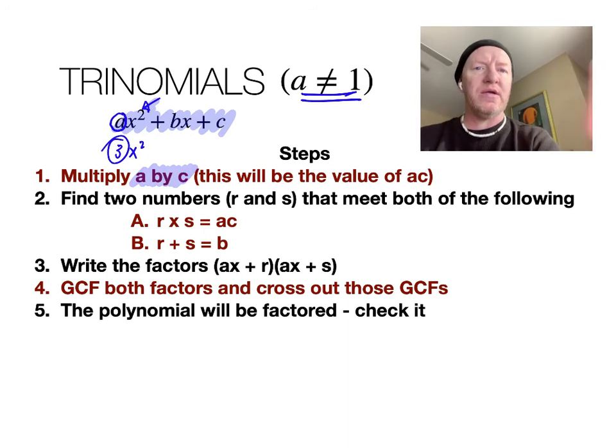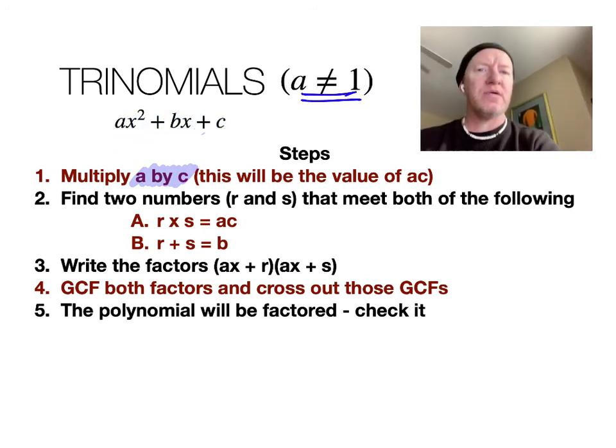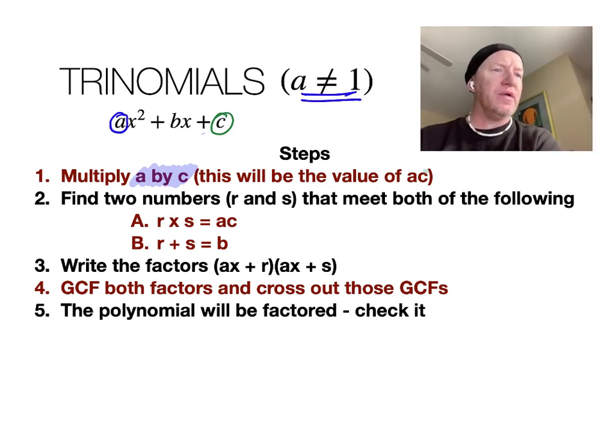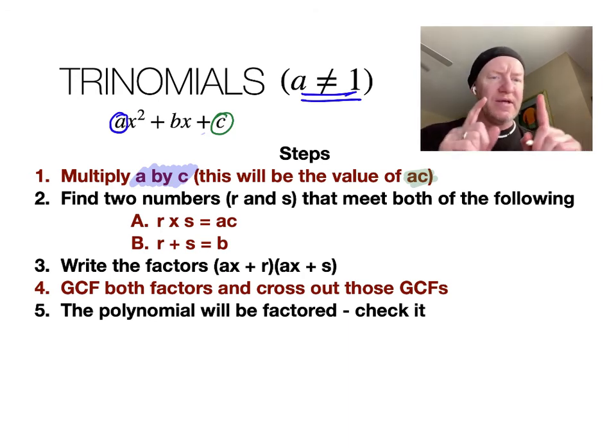Again, if you remember how our standard form looks, you're going to take a and multiply it by c. And that's going to give you a new number, whatever the product of a times c is. And instead of just looking at c, like we did yesterday, to find the r and the s, we look at this new a times c value.